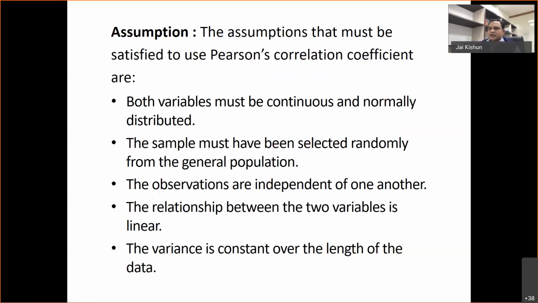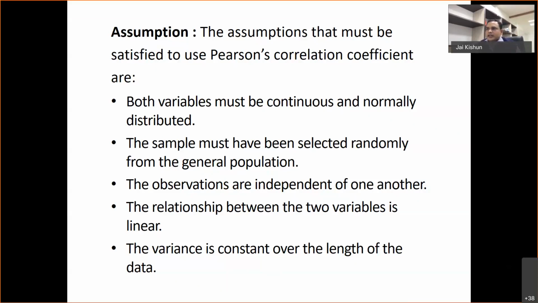This Karl Pearson correlation coefficient is a parametric method, and as you know, when we say it is a parametric method, it means there are some assumptions that should be followed when we apply any parametric method.